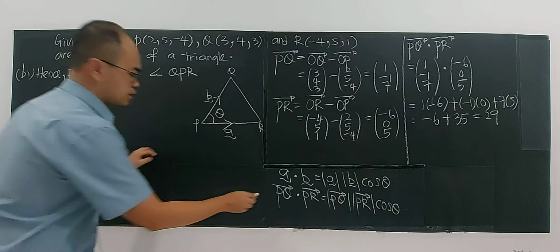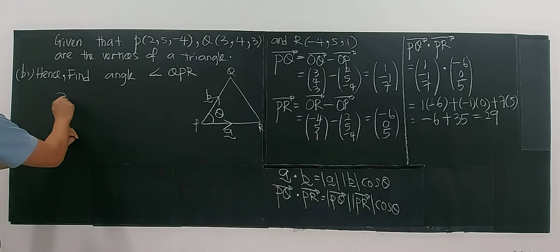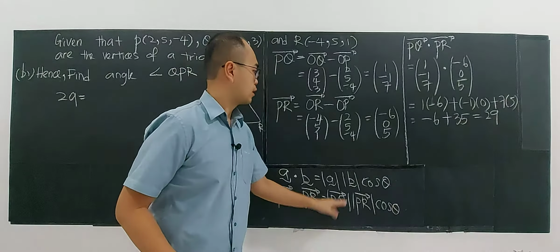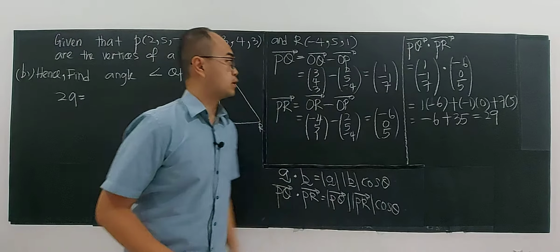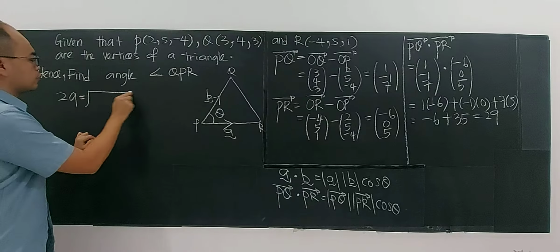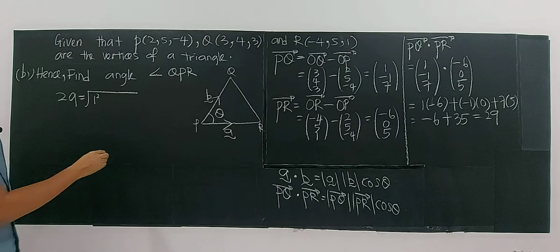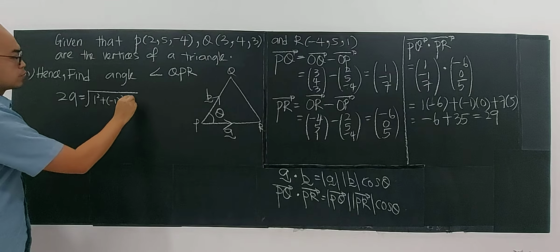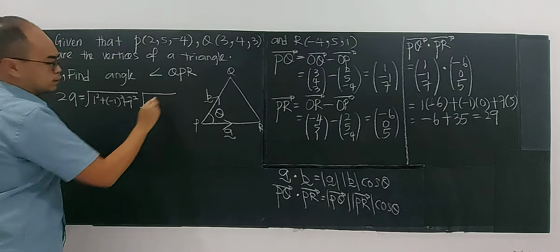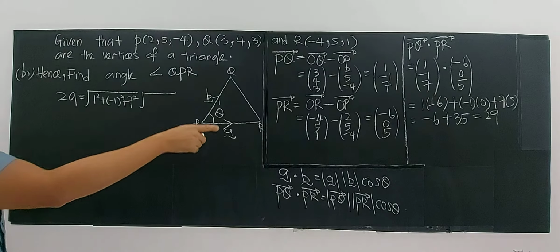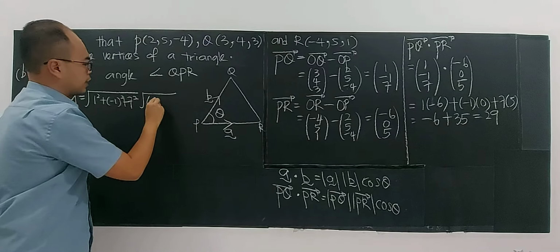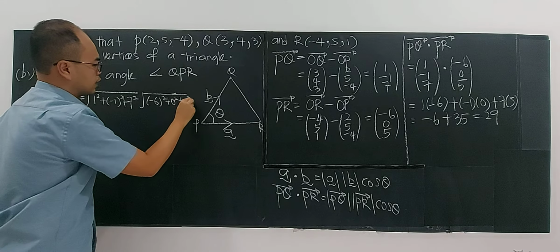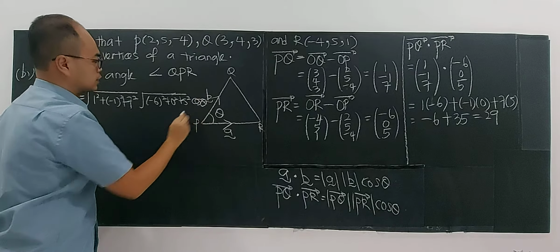So 29 equals the magnitude of PQ, which is the square root of 1 squared plus negative 1 squared plus 7 squared, times the magnitude of PR, which is the square root of negative 6 squared plus 0 squared plus 5 squared, times cos theta.